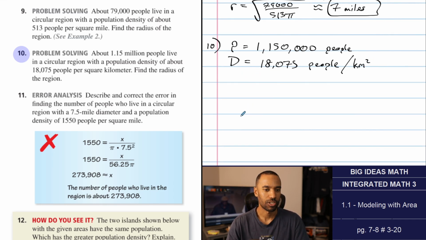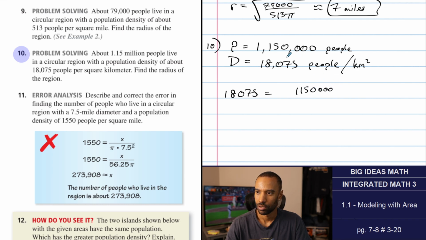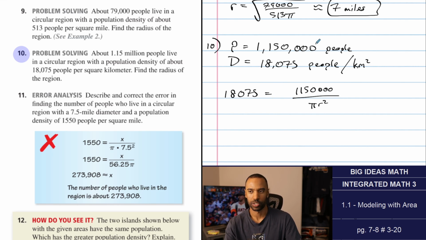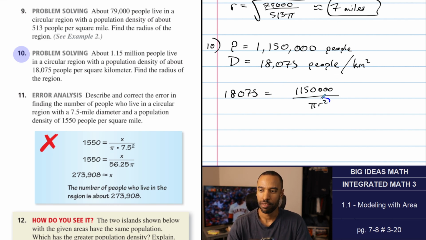So now we're going to find this radius, same kind of idea. So 18,075 equals 1,150,000 over pi r squared. This time, if you notice what happens and what switches places, I'll leave the pi down.